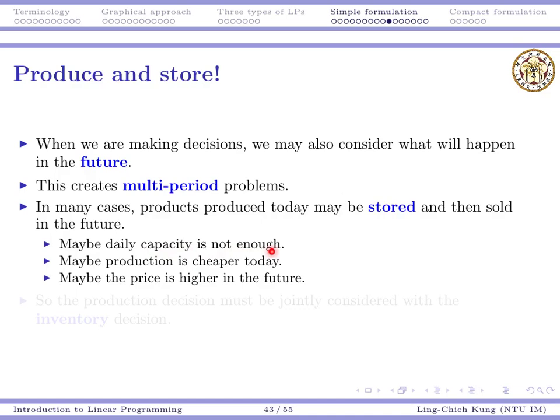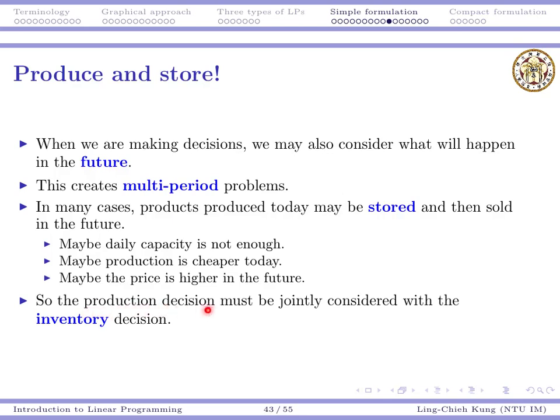Okay? Or maybe production is cheaper today, or maybe the price is higher in the future, okay? Because costs and prices may fluctuate. So there may be these reasons to produce today, but sell in the future.